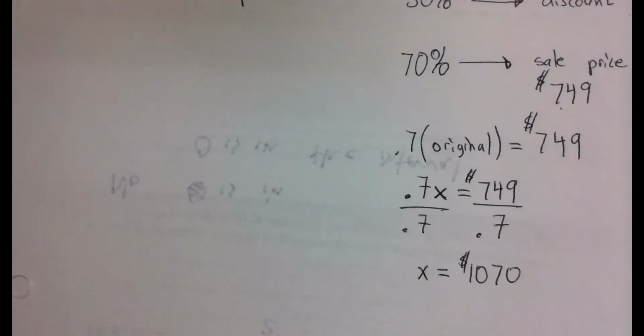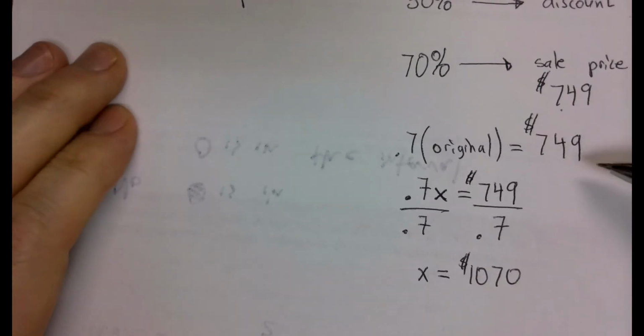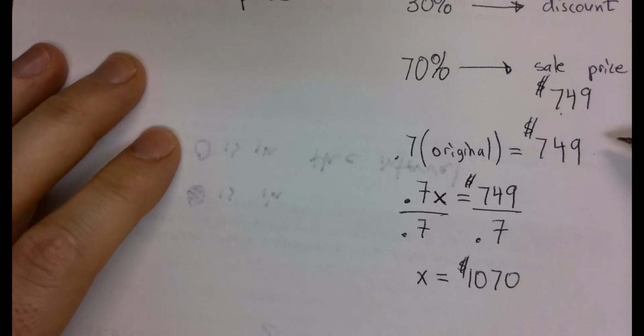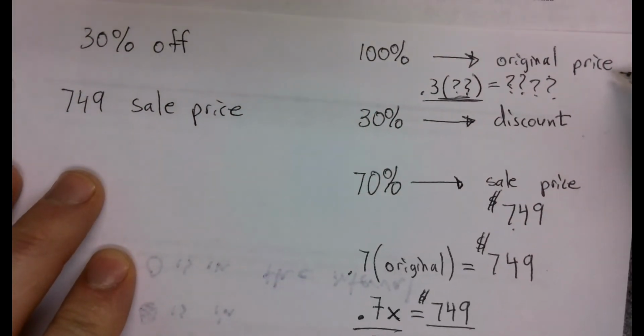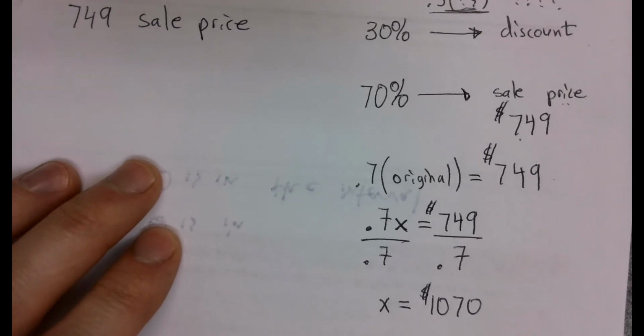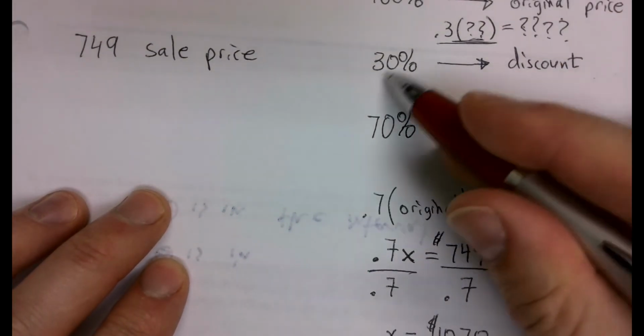Couple things to note here. If you did this calculation and you got a number that was smaller than $7.49, you definitely know you did something wrong because the original price has to be more than the sale price because we took a discount. We took 30% away.